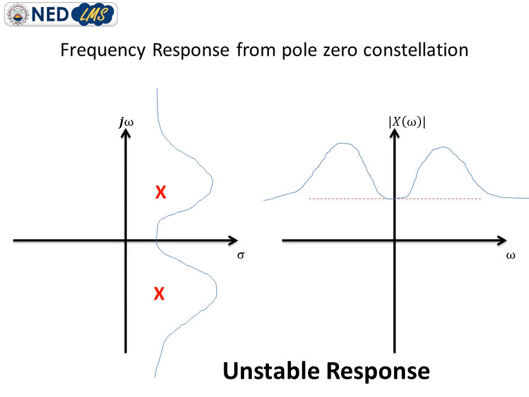We can have many other different possible combinations of poles and zeros of the system on this S-plane, and we cannot discuss all of them obviously, but I gave you the concept of plotting the frequency response with the help of a given pole zero constellation, as well as how to determine the stability of the system with the help of a given pole zero constellation.